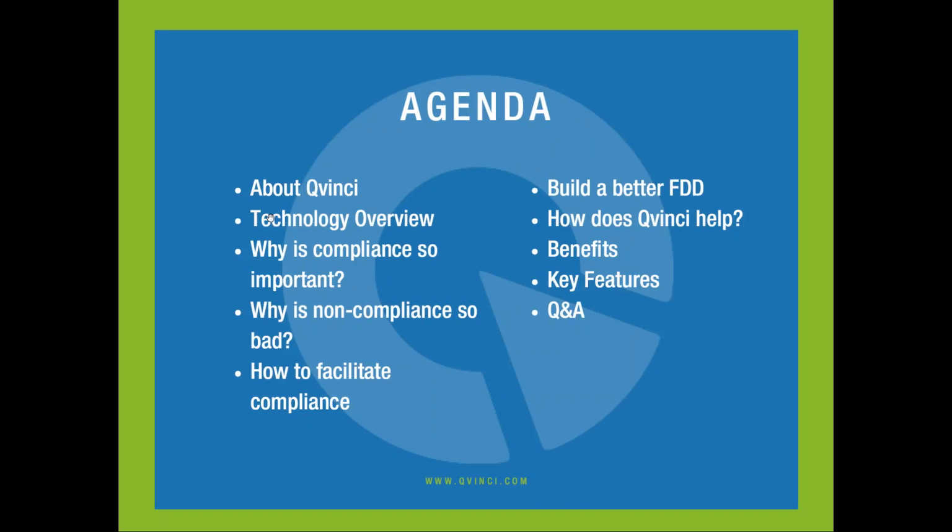We'll take a quick look at an FDD and how some things you can use Qvinci for to build a better FDD, how Qvinci can foster that compliance, and some benefits that we can provide, some key features, and then we will go ahead and get to the Q&A.